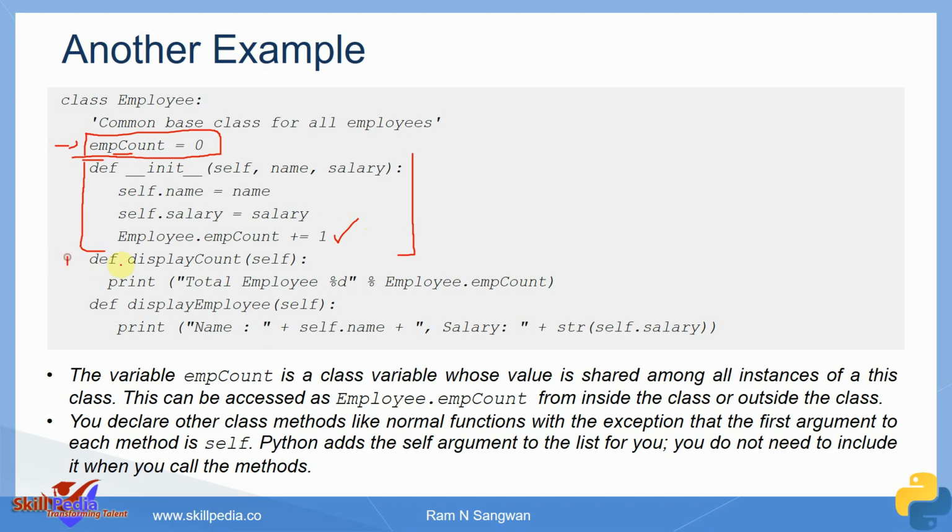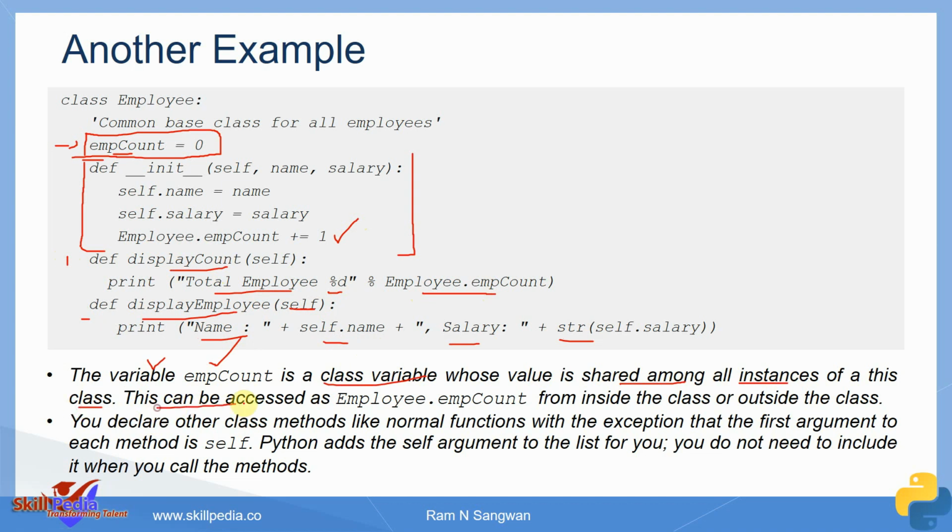So this is how: define displayCount, you can call it, total employees %d, Employee.empCount. Define displayEmployee(self): you are defining that you are displaying name and salary. The variable empCount is a class variable whose value is shared among all instances of this class.